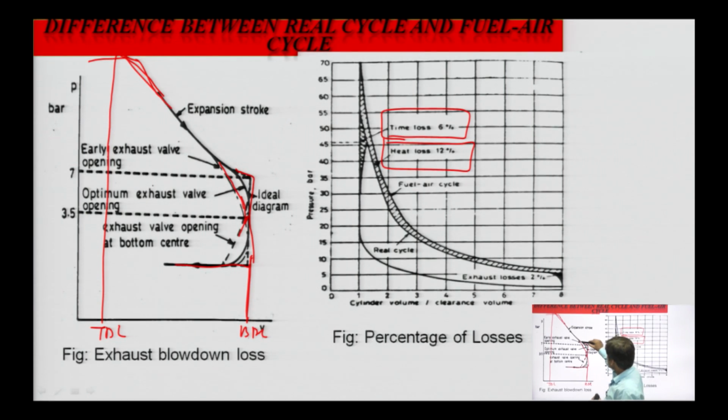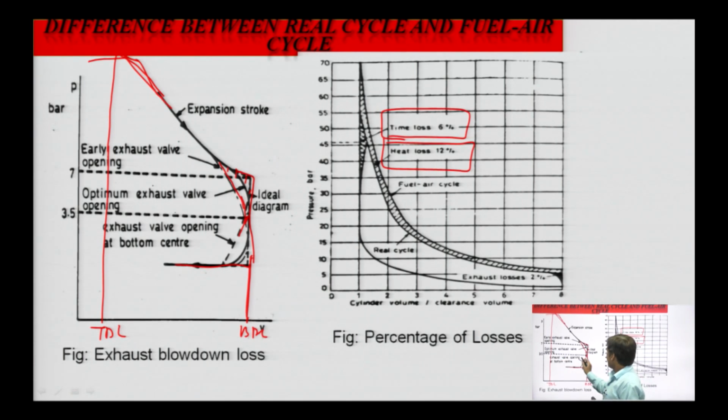This much is the loss. This loss is called exhaust blow down loss, because this represents the loss in the PV area in the PV diagram. That is why it is the loss. So, early exhaust valve opening gives you this much amount of loss.